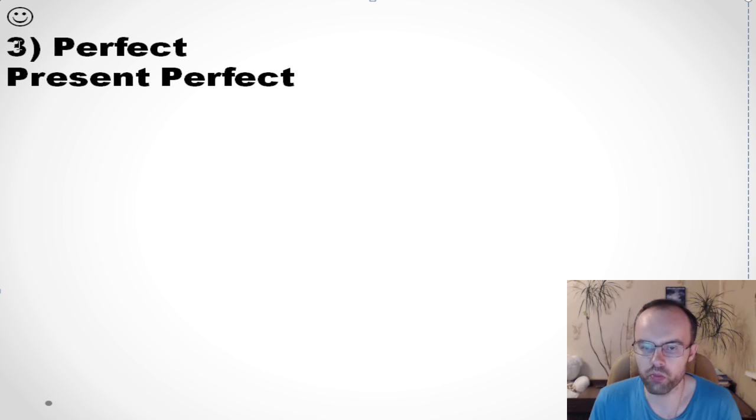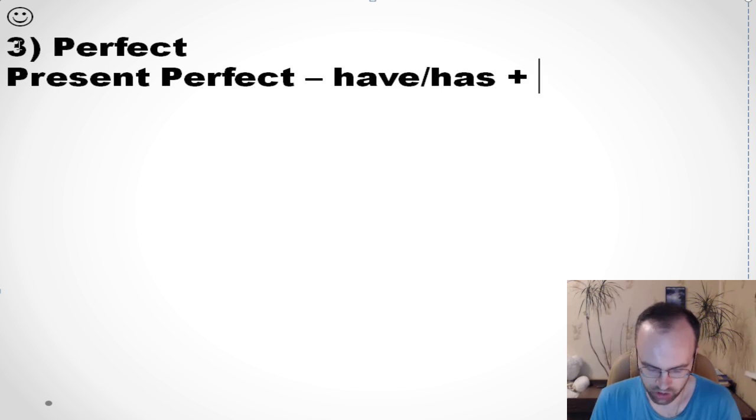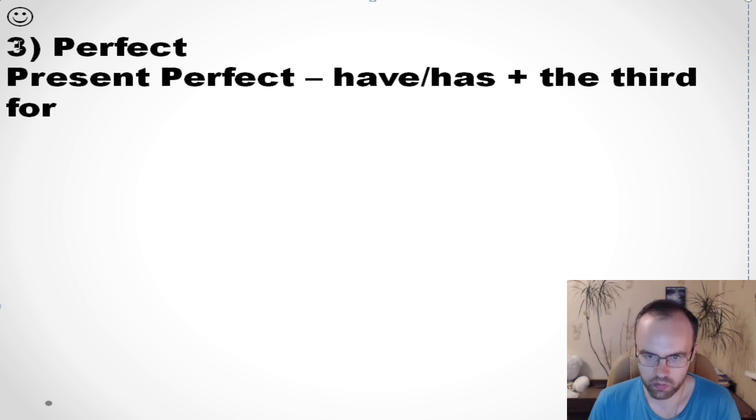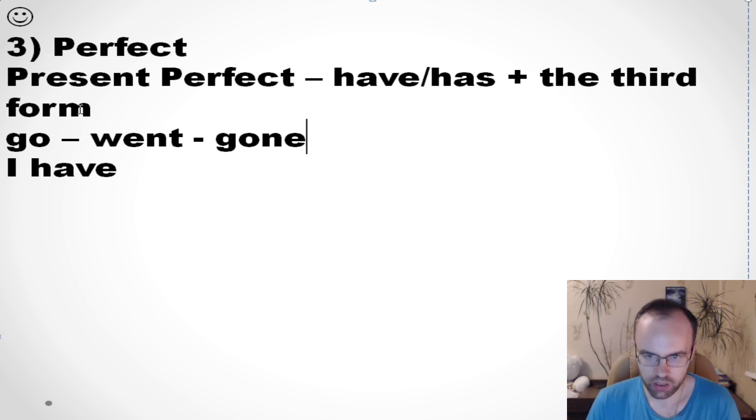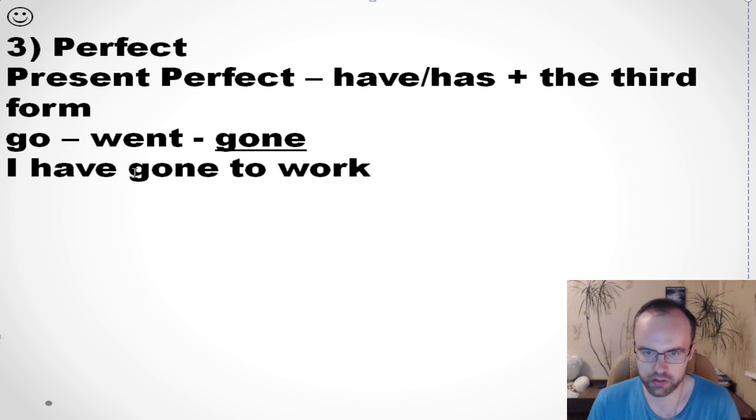And you need to know present perfect, have or has, plus the third form. For example, I have, and if we look at this verb, go, went, gone, you see that gone is the third form of the verb go. So I have gone to work. Okay?